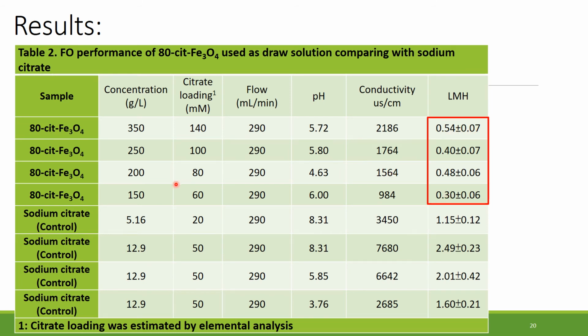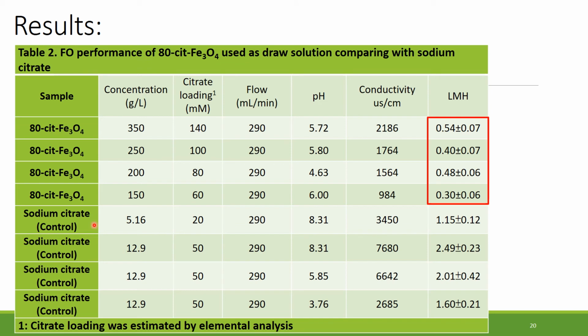When compared with the result of sodium citrate as a control, that means without the magnetic nanoparticle, just the iron, the high concentration is easy to adjust, and of course the result is much higher than the magnetic nanoparticle. However, how could we reconcentrate this solution?